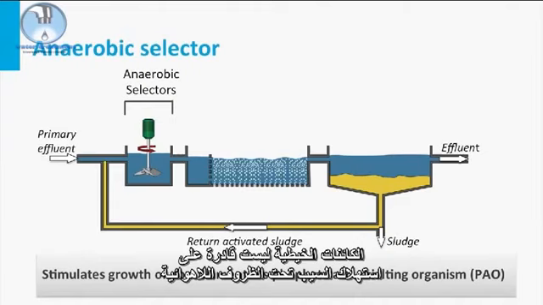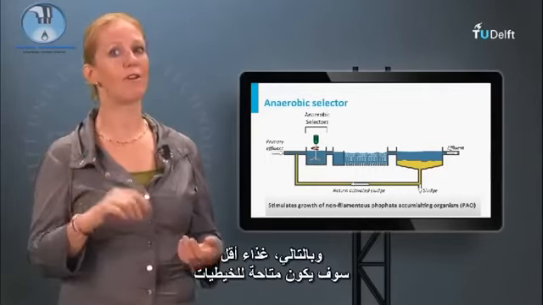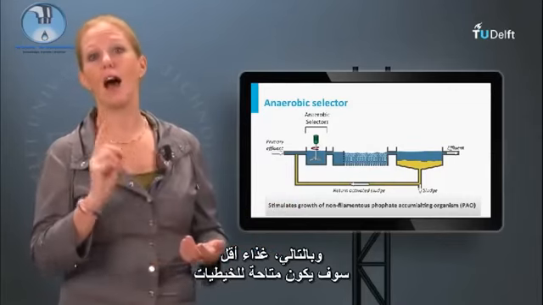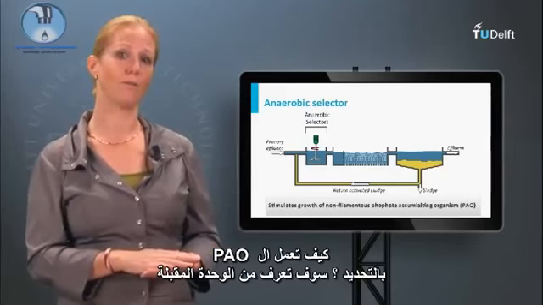The filamentous organisms are not able to consume substrate under anaerobic circumstances, while the PAO can. Therefore, less substrate will be available for filaments. How these PAO function precisely, you will learn in the next module.